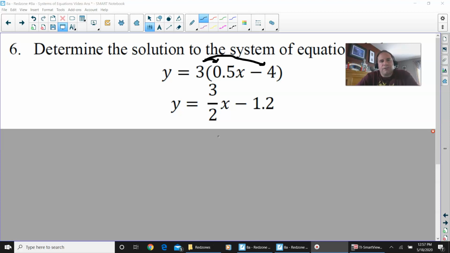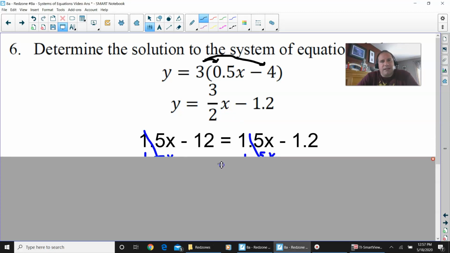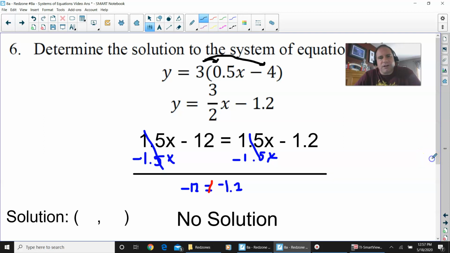So distributing that 3 to a 0.5, right? You do 3 times 0.5 and you get 1.5, and you get 3 times a -4, which is a -12. Then you bring this down to 1.5x minus 1.2, and you go ahead and subtract the 1.5x from both sides.